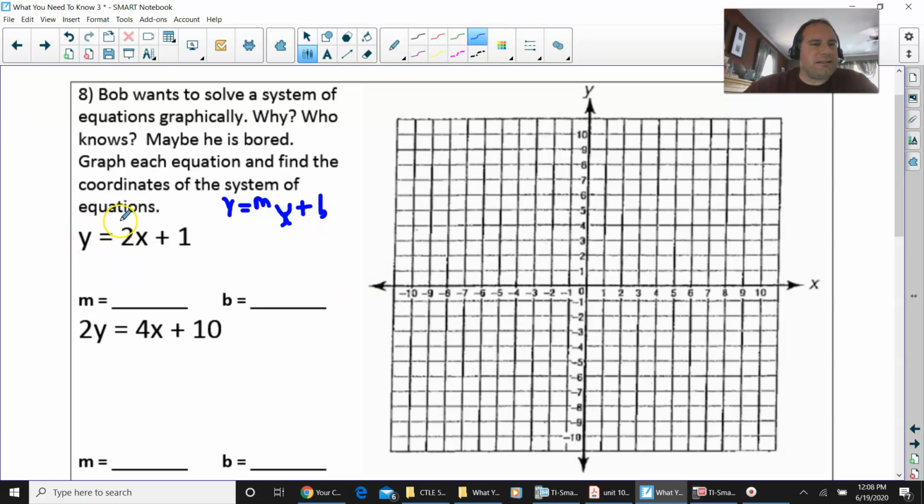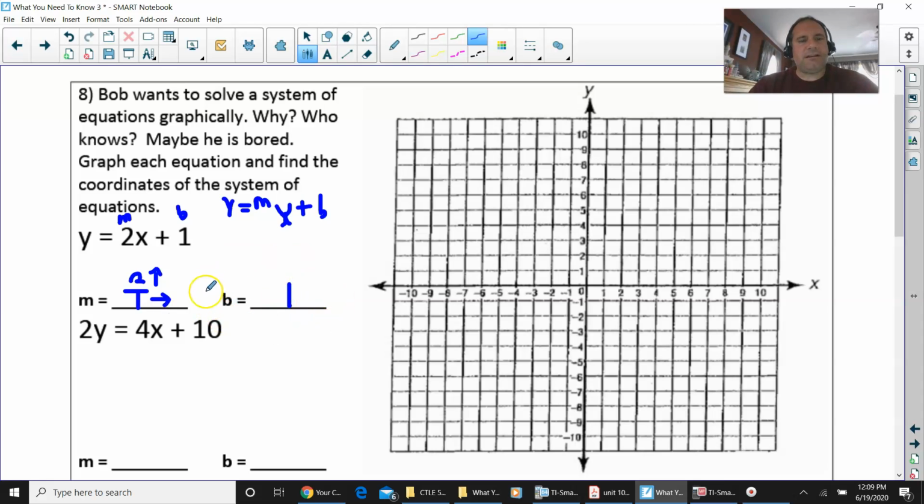So this is the m, which is right here, and this is the b. So the m, we always said in our class to put it in rise over run format. The b is the other number. So the rise over run format, rise 2, run 1. Very easy. Let's go ahead and graph that now.